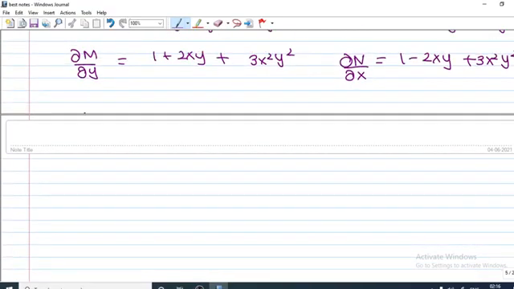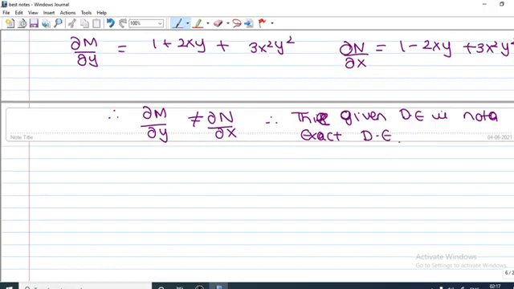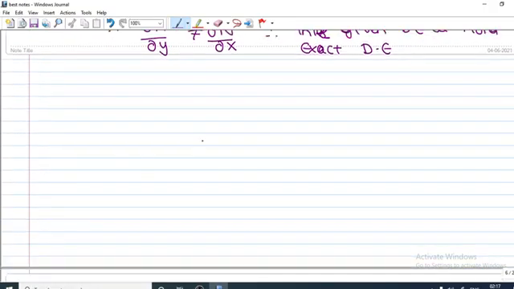Now, this is not an exact differential equation. What we can do after this, we need to get xM minus yN to make it exact.